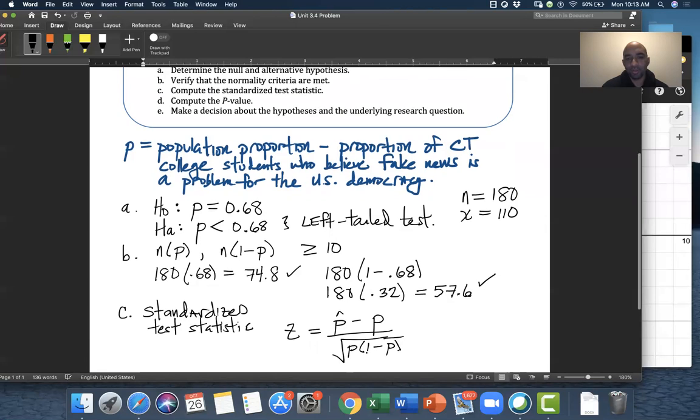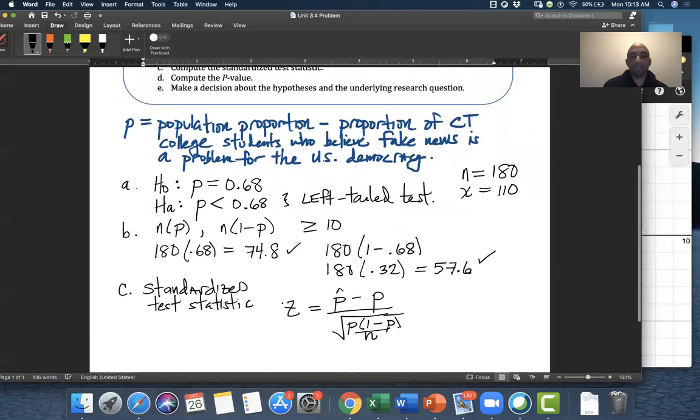You've used this in Module 3. This is basically a z-score of the sample proportion. So let's write that down: z-score of sample proportion, assuming the null hypothesis is true.